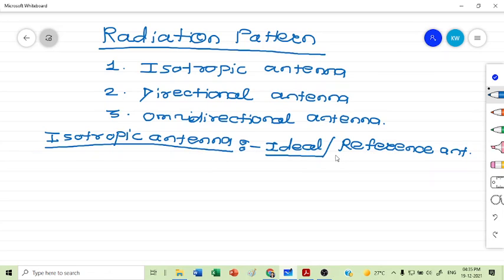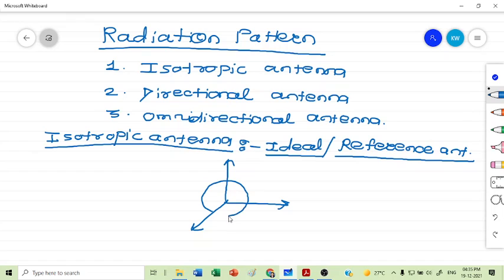Mostly isotropic antennas are referred to for derivations or calculations in formulas. Isotropic antennas are referred to as a reference antenna. Now isotropic antenna radiates equally in all directions and its radiation pattern is a sphere.